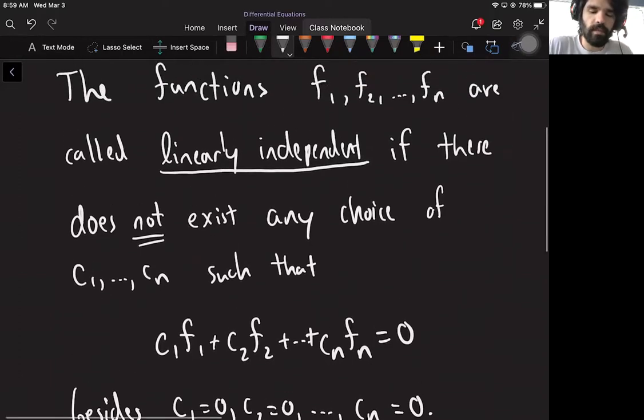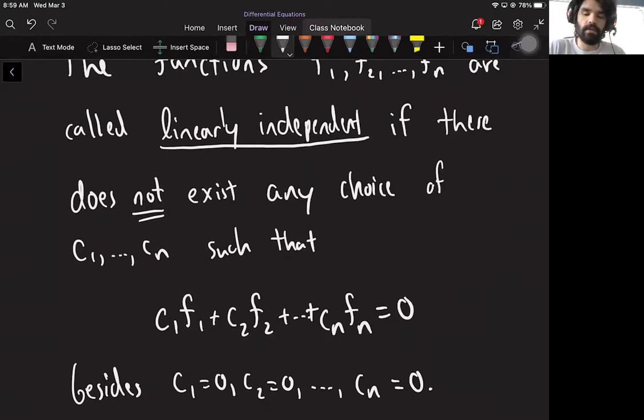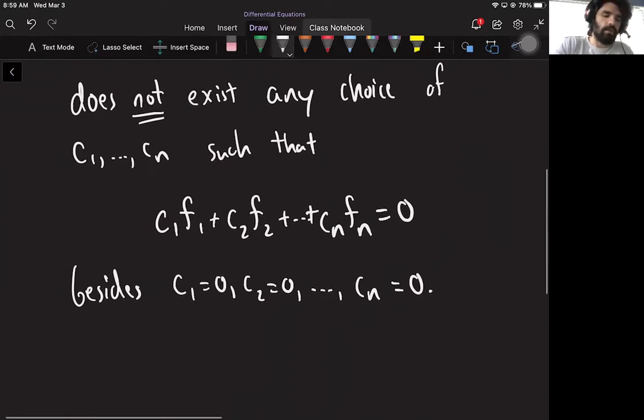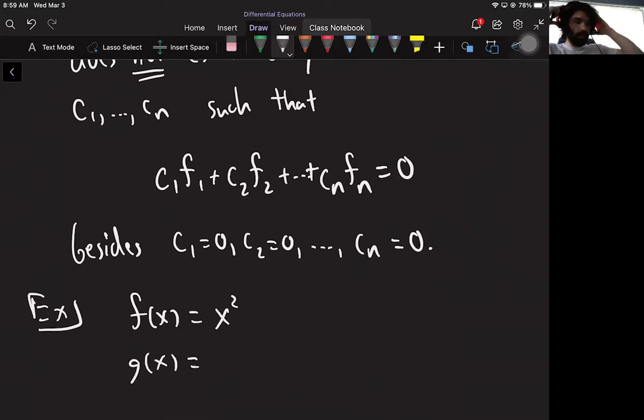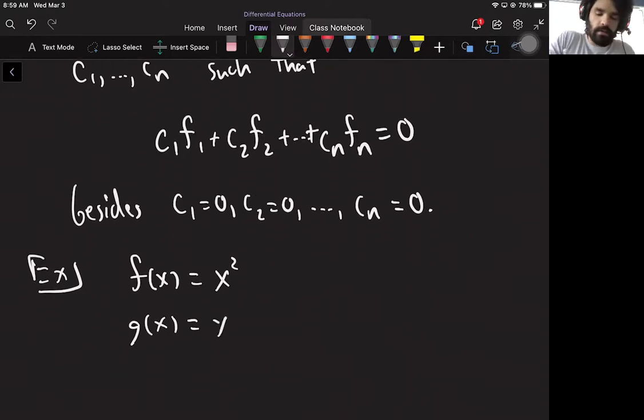So in other words, the only way to make 0 out of these functions is the easy, cheap way. Okay, so let's see an example of 2 at a time for now. Of course, for 2 functions, it's really the same as being multiples of each other, though sometimes this is a bit harder to see than it seems at first.